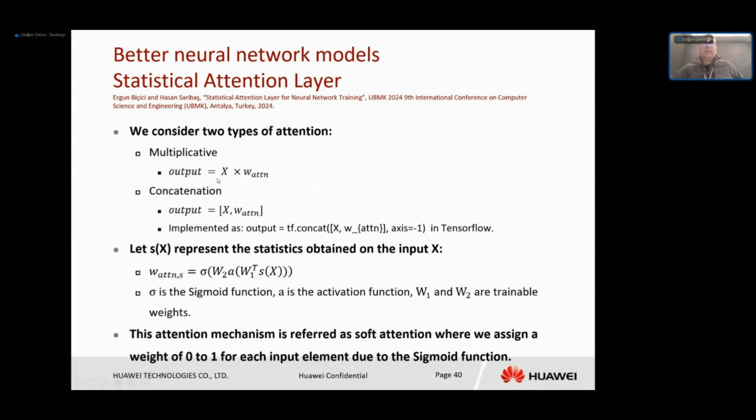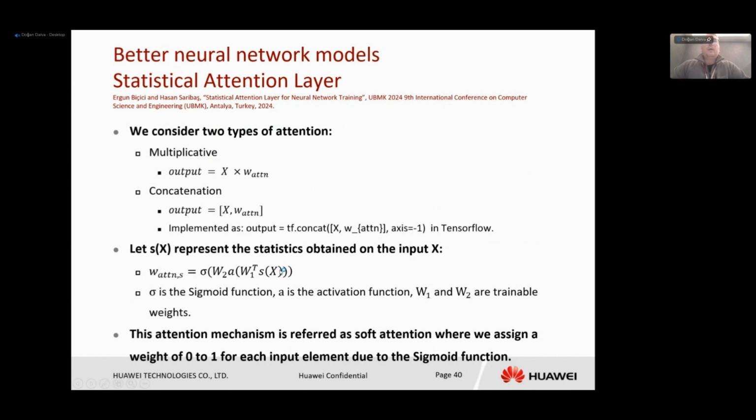Multiplicative is obtained by just multiplying the input x with weights we obtain from statistical attention layer. Concatenation uses the weights we obtain as additional features and concatenates these to the input.